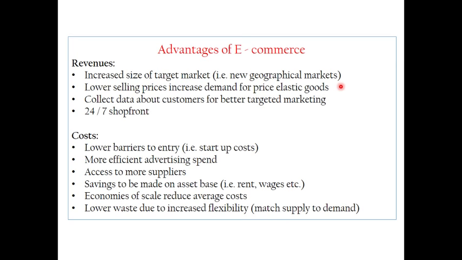If you can lower your selling price, it should increase demand for price elastic goods, and we'll look in a second at why e-commerce may allow organisations to lower their selling price. We can collect huge amounts of data about customers that allows for better targeted marketing. Businesses that have websites will collect a lot of data on customers, particularly if those customers put in their personal details and have bought products from them, so they can target their marketing at those consumers.